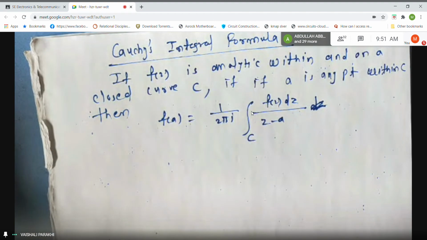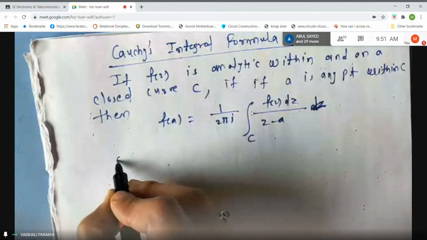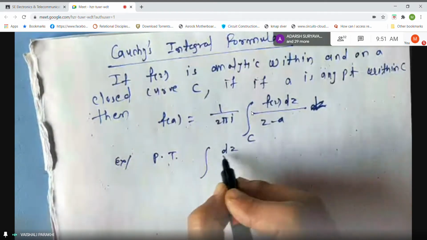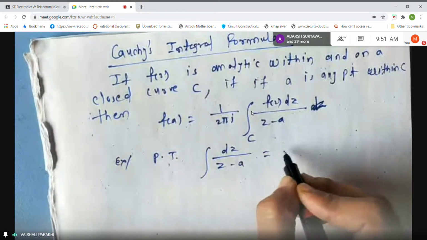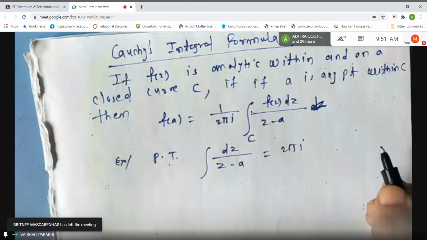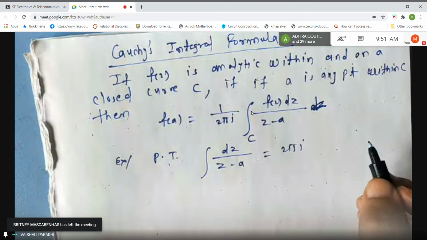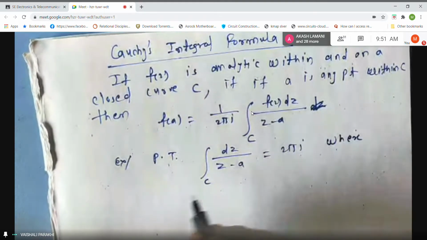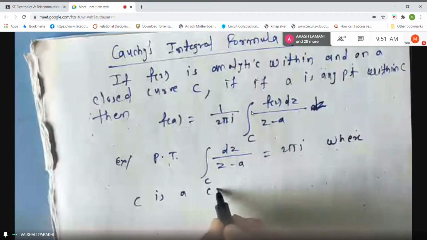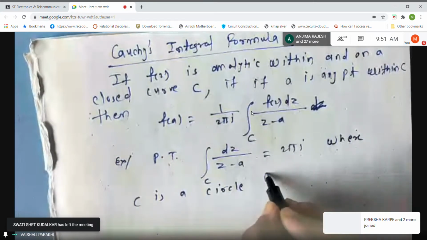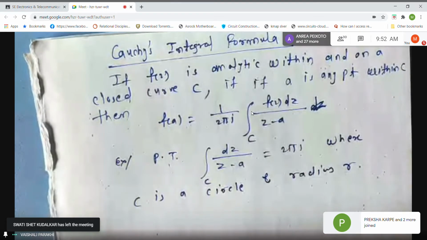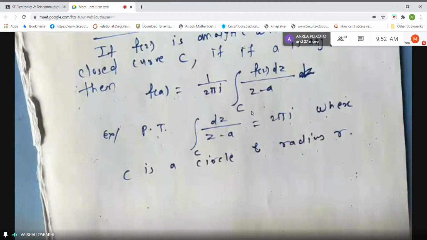Prove that the integral of dz upon z minus a is equal to 2 pi i over the curve C, where C is a circle of radius r. A simple example just to understand the Cauchy integral formula.